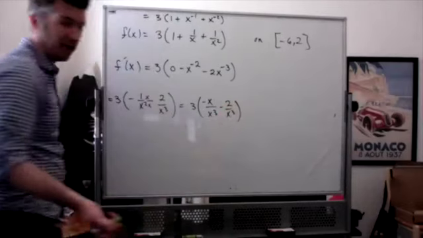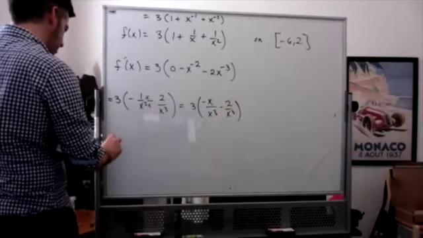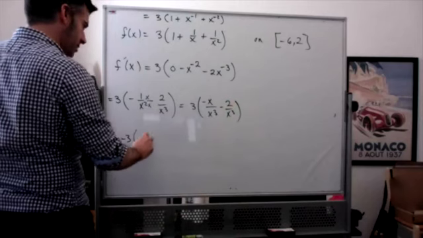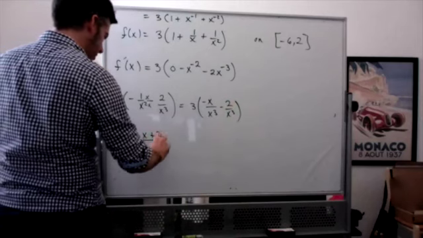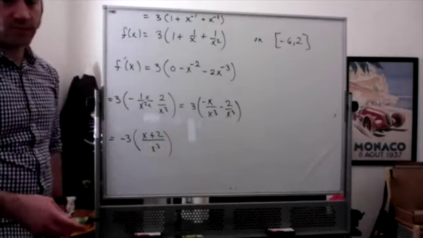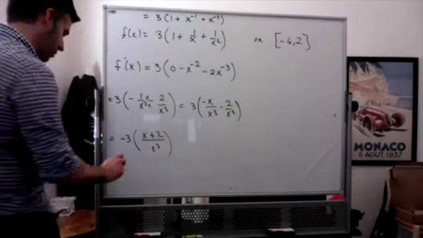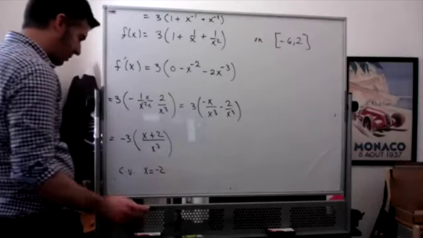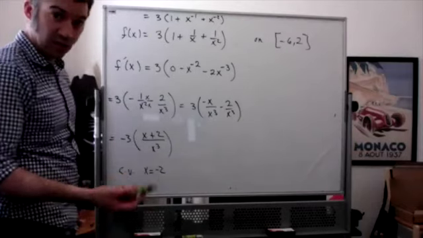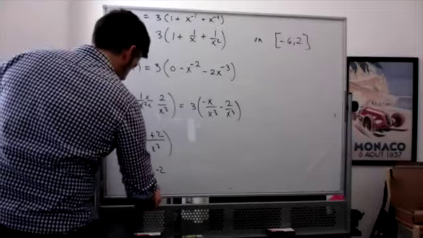If I factor out a negative 1, this is going to be negative 3 times positive x plus 2 over x cubed. So it looks like my only real critical value is x equal to negative 2. Although I'm also going to include the pseudo-critical value, x equal to 0.